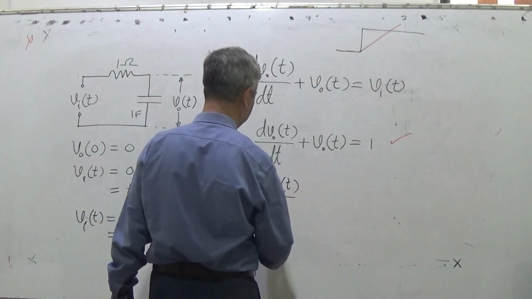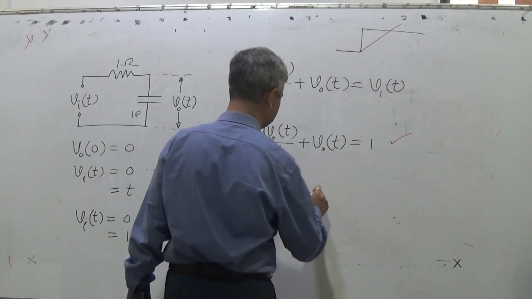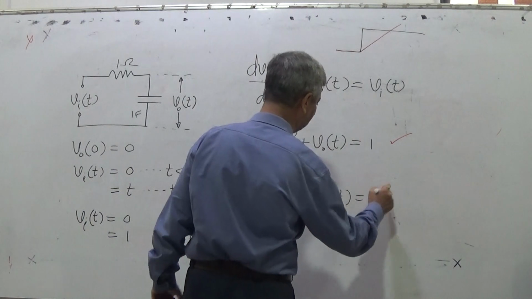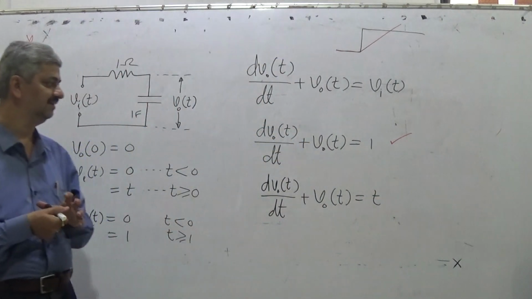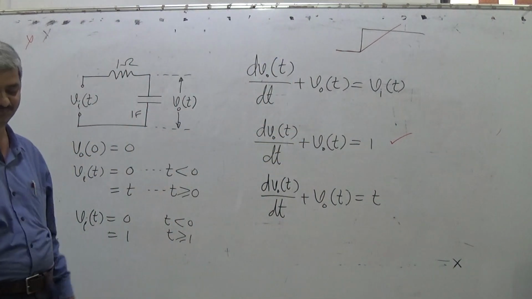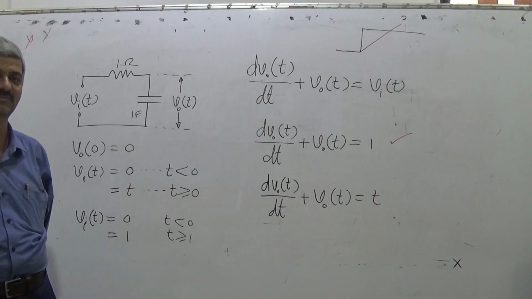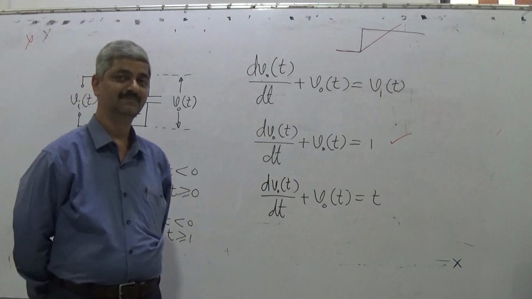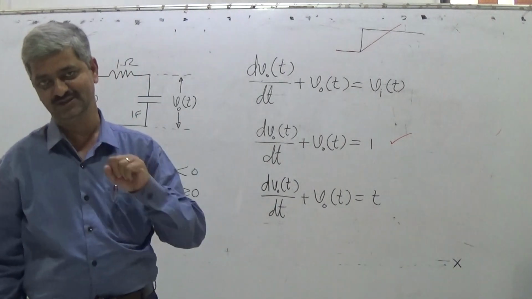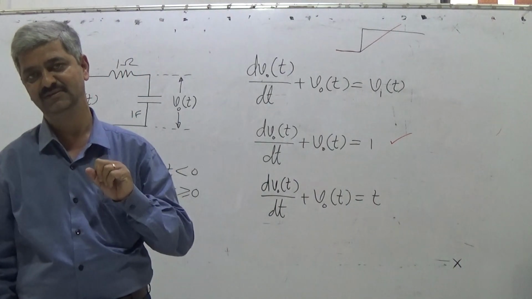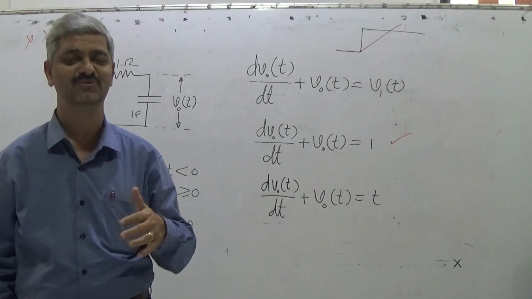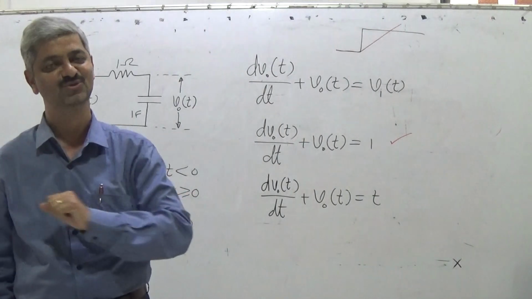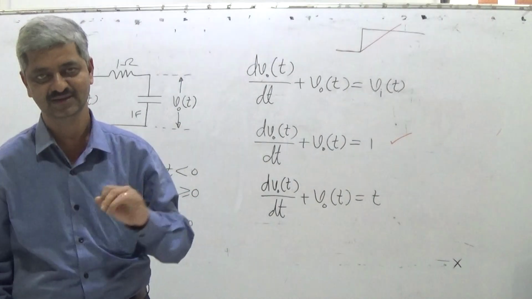Now in this case the equation is changed. dVO(t)/dt plus VO(t) is equal to t. Now what should be the solution? The question is how we should proceed, because each time taking help of some ready-made solution is not a proper way.